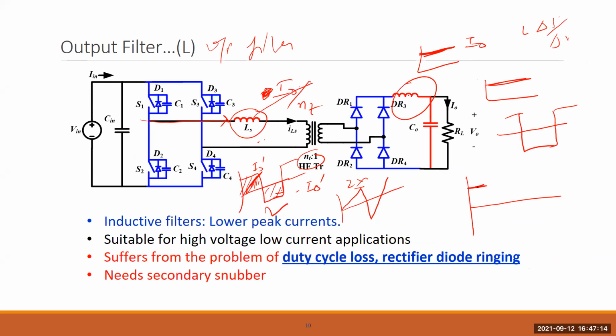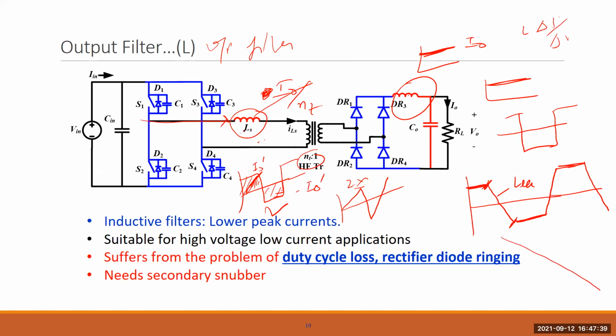Okay, if it was n I naught, for example, then when it changes to the opposite direction, it will take time. Then it is I naught, and then again it will take time. So this slope will depend upon the value of the inductor. If the inductor is high, then this will take longer time.